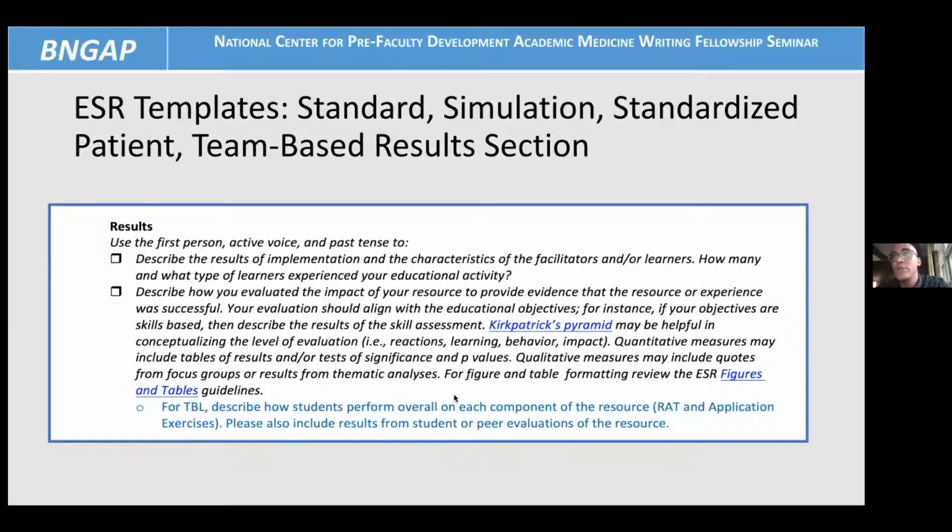Again, it mentions Kirkpatrick's pyramid as a helpful tool in conceptualizing the level of evaluation. So by spending some time being mindful up front, using some of these frameworks, it will help guide your evaluation and certainly your write-up of your presentation when it comes time to submit to MedEd portal.